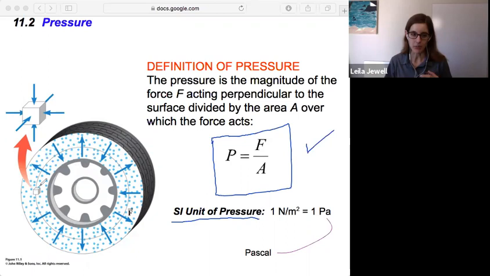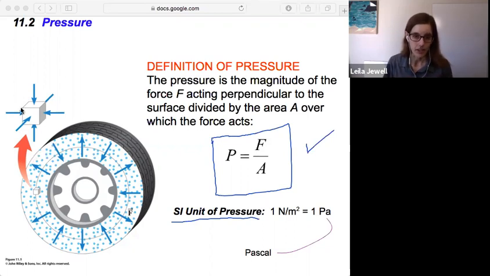We could imagine putting a little box in the midst of this tire, and it would feel this force from all sides because the molecules are everywhere, colliding with it from all sides. So the force is always perpendicular to any of the faces it's exposed to.